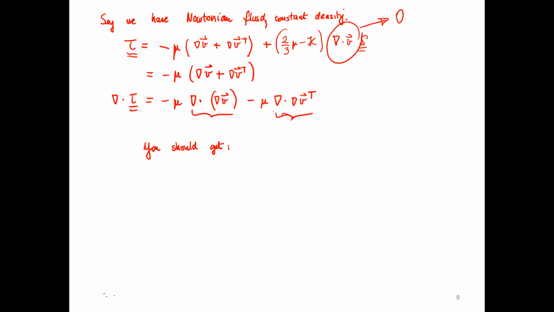And what you should get as a result is a vector, minus mu times a vector that has the Laplacian of Vx, Laplacian of Vy, and Laplacian of Vz.